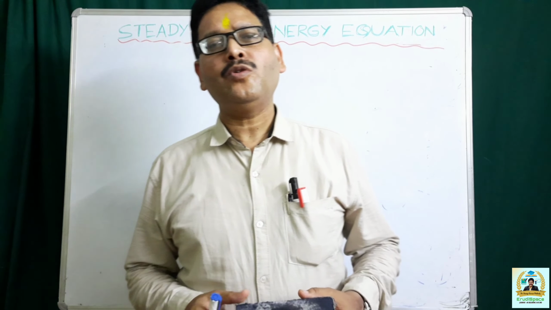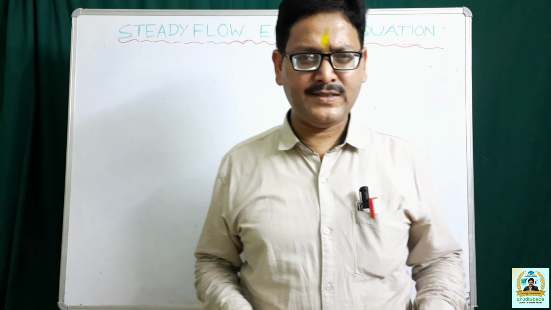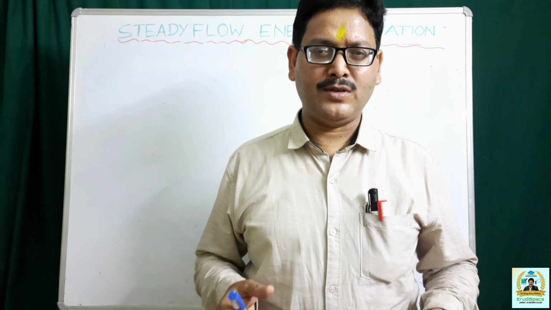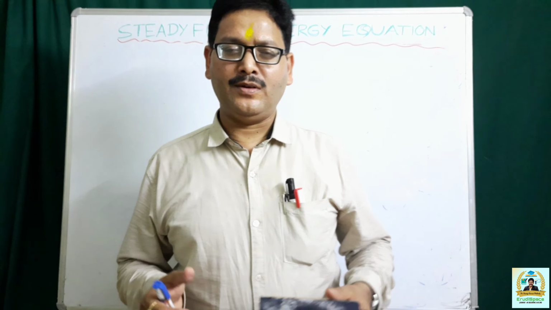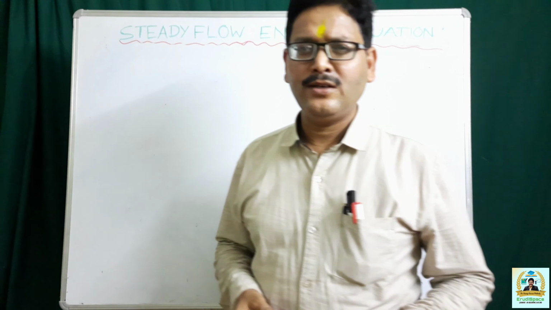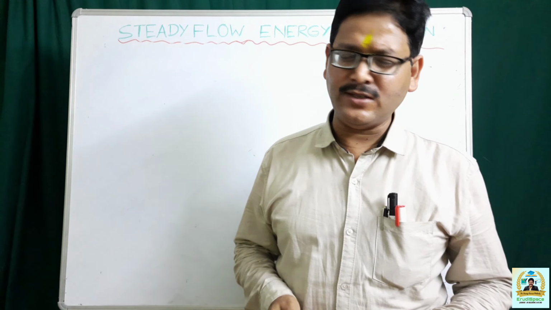So now what we'll do is apply this steady flow energy equation to different components like your boiler, your condenser, your turbine, your evaporator, and we'll see what is actually happening to the steady flow energy equation.